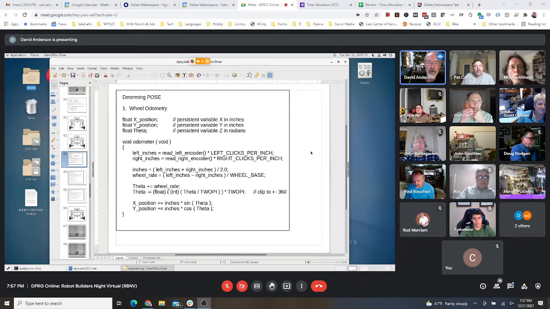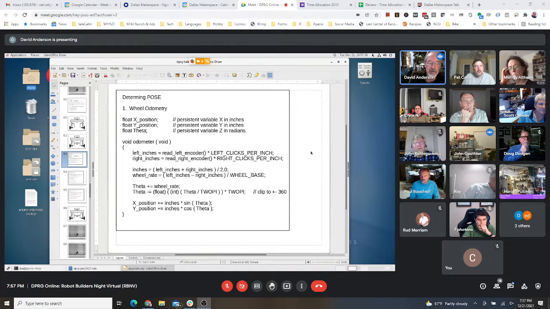We calculate a left inches and a right inches by reading the encoders directly and scaling those by clicks per inch. Then we calculate inches, the distance traveled, as the sum of those over 2. And then this is the tricky one, wheel rate, which is left inches minus right inches divided by wheel base. Those numbers, especially wheel base, have to be carefully calibrated.